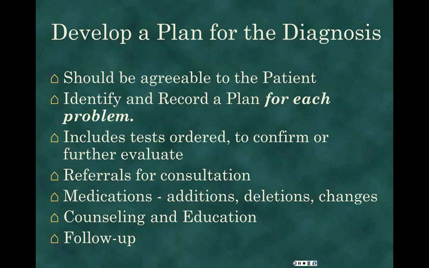So, for instance, if someone has a diagnosis of hypertension, how are you going to treat that? If someone has a diagnosis of degenerative joint disease, how are you going to treat that? If someone has a diagnosis of well woman exam, what on your plan corresponds to that?